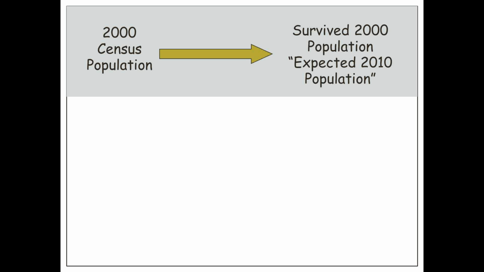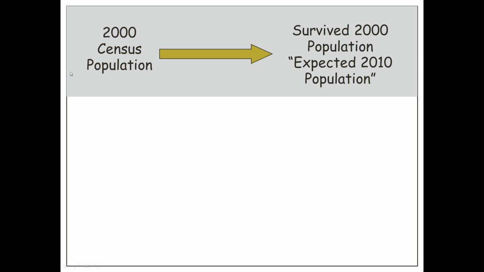I want to spend a moment now talking about the methods that we use to generate these data. These methods are essentially a version of what's called the cohort forward survival method. Here, net migration is estimated as a residual of the difference between the population that was counted at Census 2010 and the expected population for 2010 had there not been any net migration.